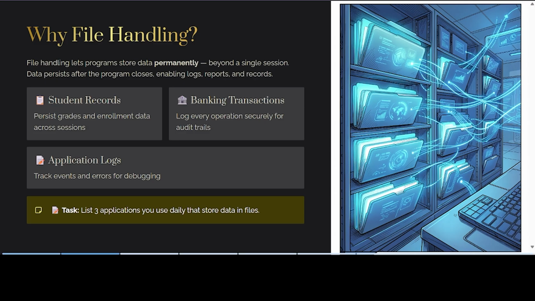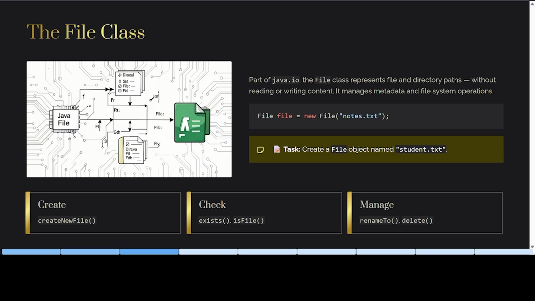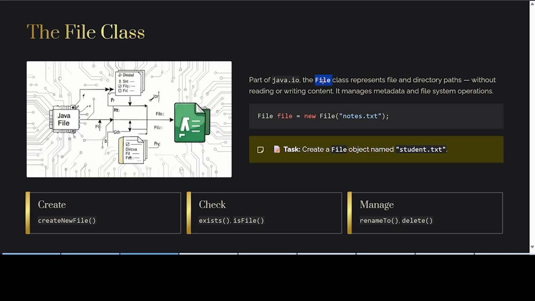Next we are going to see another topic, that is the File class. Now let's learn what a File class is. Java provides a class called File. The File class is present inside the java.io package. Keep in mind that the File class does not read or write a file; it represents just the file path.